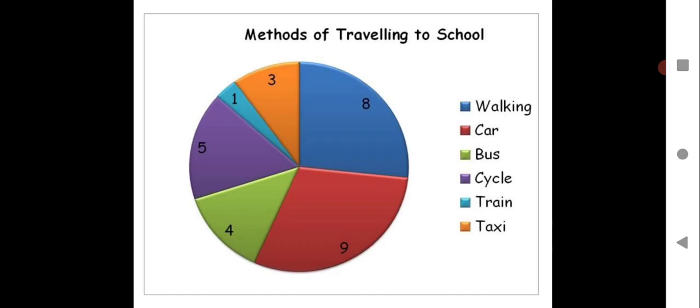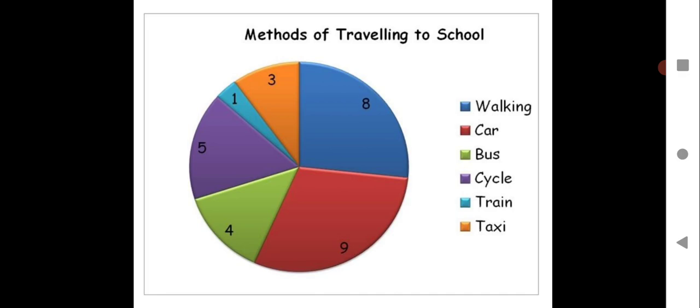You can show the methods of traveling to school with the help of a pie chart like this: by walking, with the help of car, bus, cycle, train, taxi. Again you can divide the circle, and you can easily make out from here, with a bigger section, that it is car. So of the methods of traveling to school, the most used is the car.